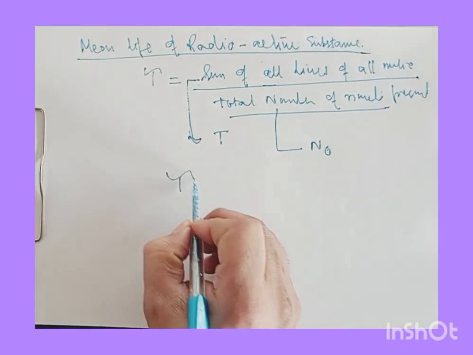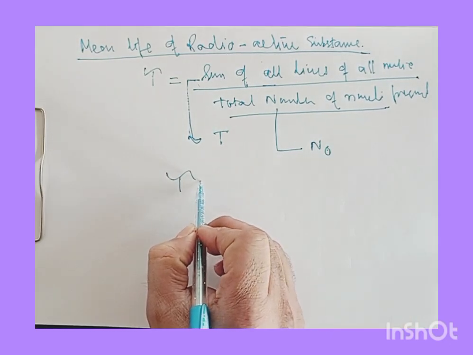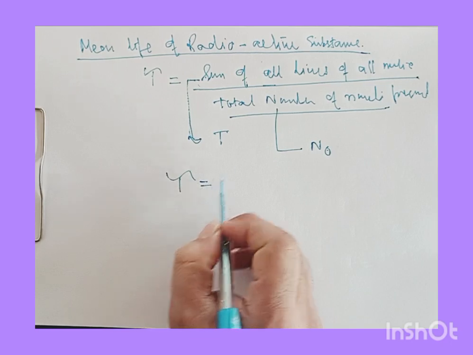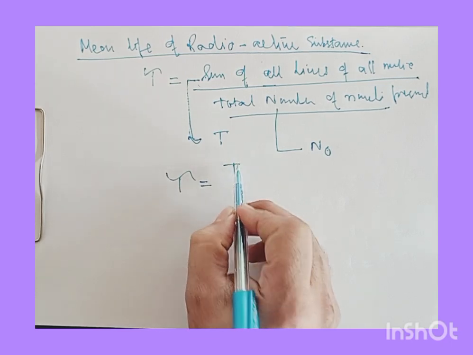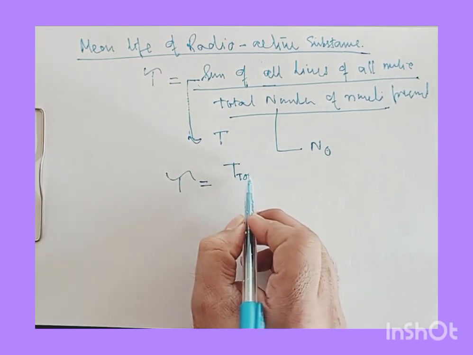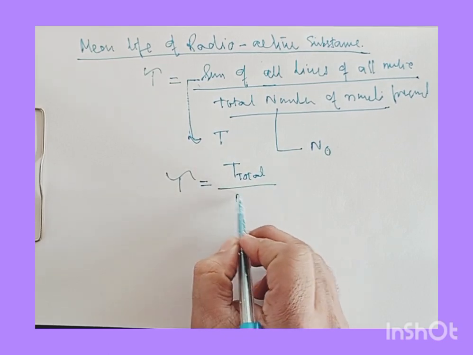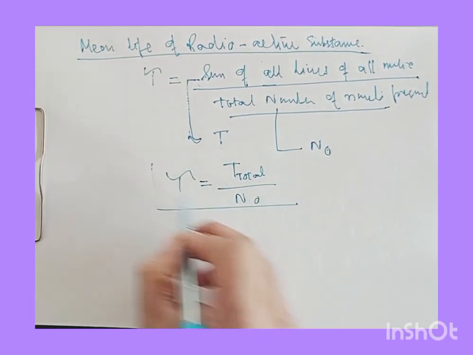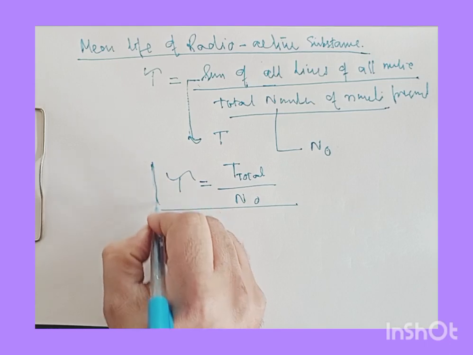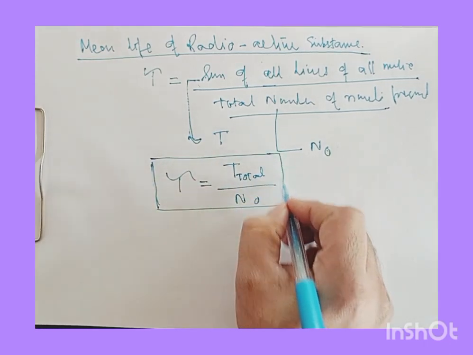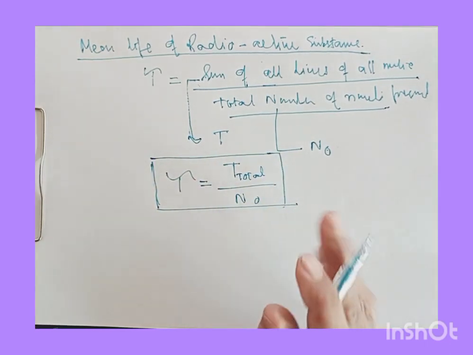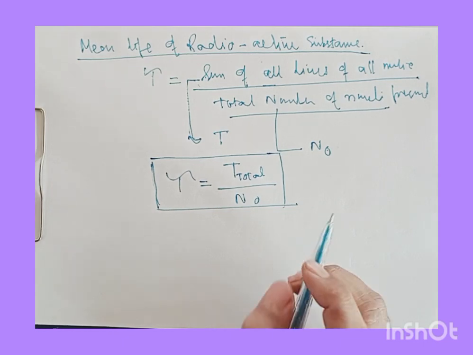So the mean life can be written as tau equals T total by N naught. This is how we define this physical quantity as the mean life of a radioactive substance.